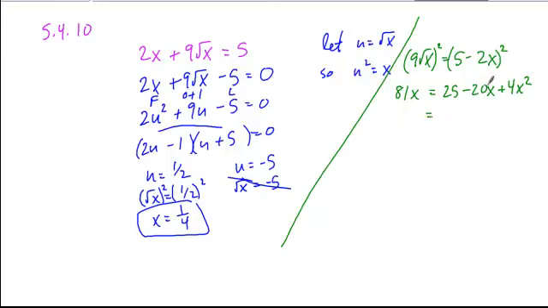So if I was solving this, I would wind up with 4x squared, subtracting 81x from both sides, giving me -101x, then plus 25. And when I look at solving this, I do notice that my outer and inner products here, 4 times 25, is 100.